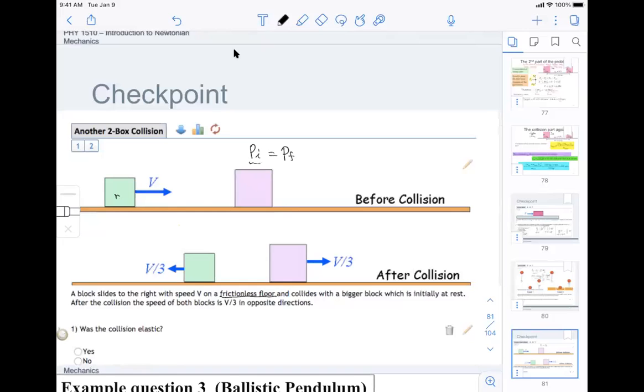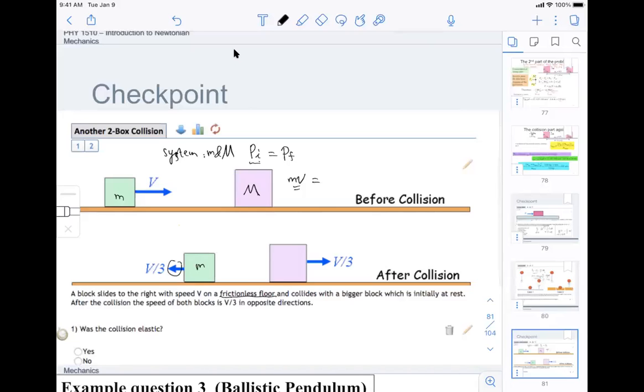I'm going to call this little m, this big M. Initially, you get just mv because this one is at rest, so it's 0 momentum, just the momentum for the little m. My system is the two masses together. And finally, this one bounces back.